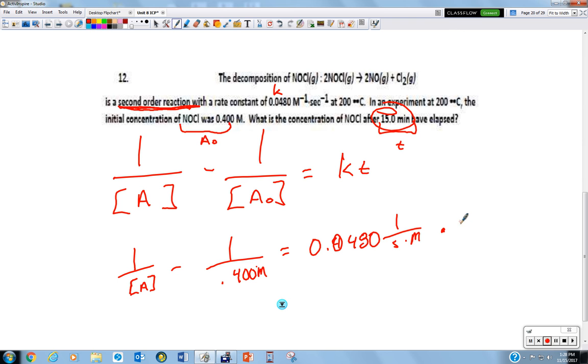So 15 minutes times 60 gives us 900 seconds, if I did my math right. All right, and from there you should be able to solve for concentration of A.